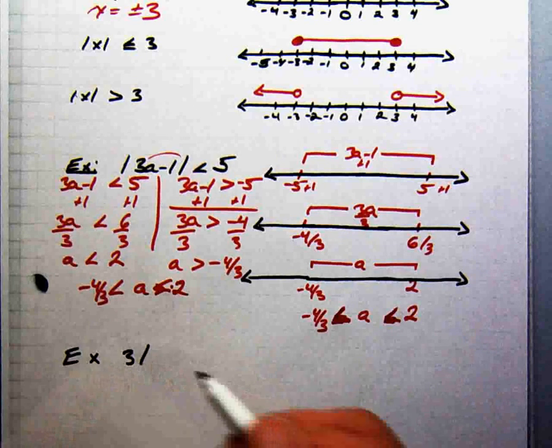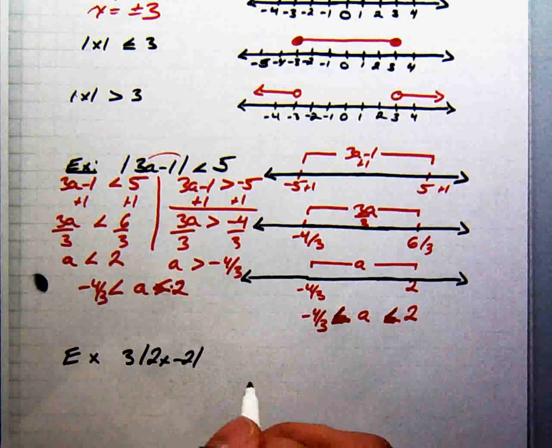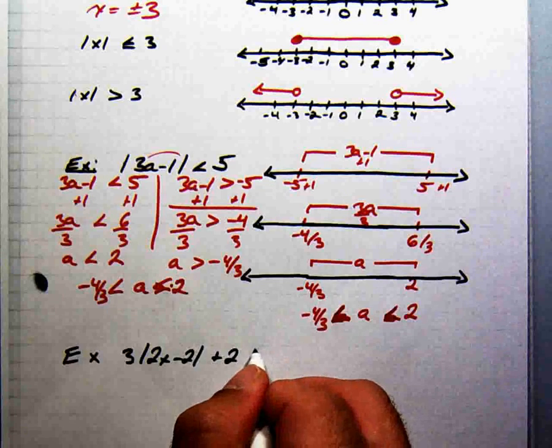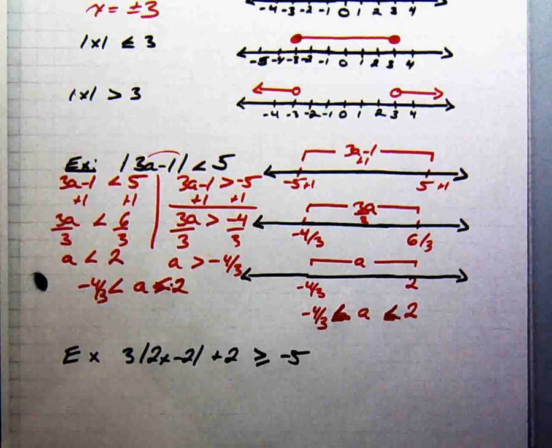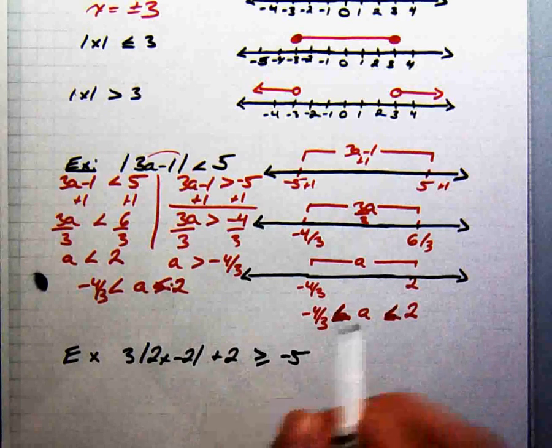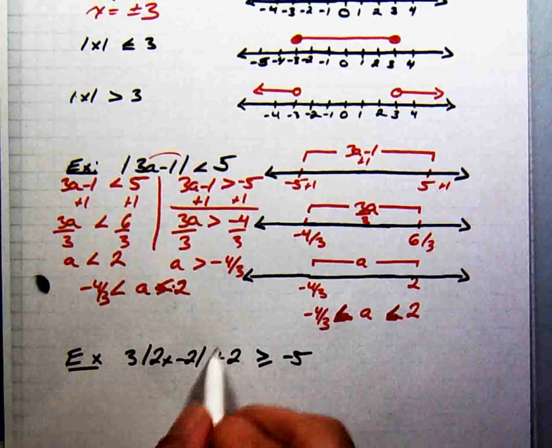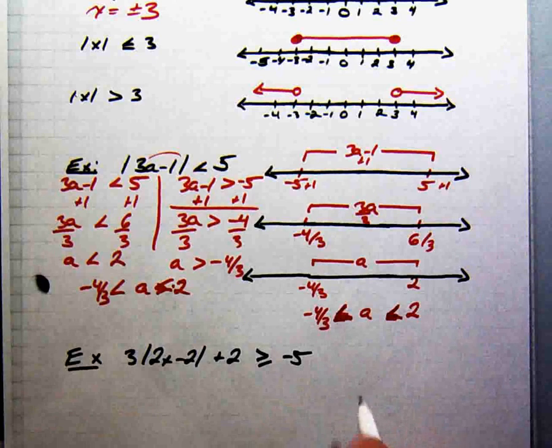Three times the absolute value of 2x minus 2, plus 2, is greater than or equal to negative 5. Before we solve this inequality, we're going to have to clear away the positive 2 and the 3. Then we can go ahead and write it as two separate inequalities like we did up here.